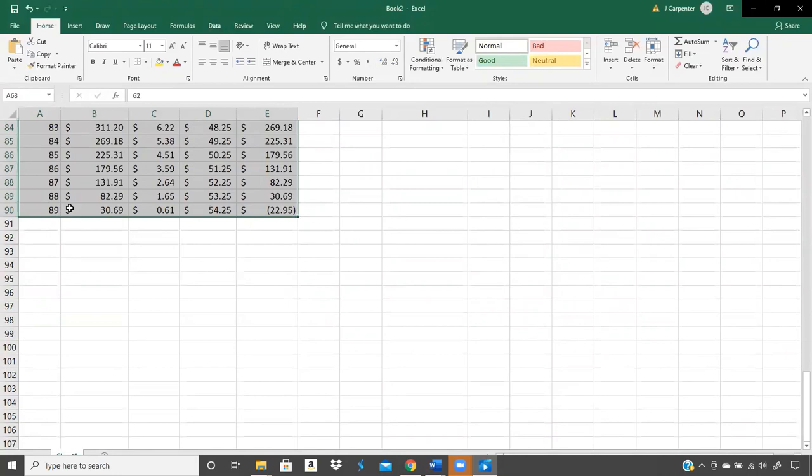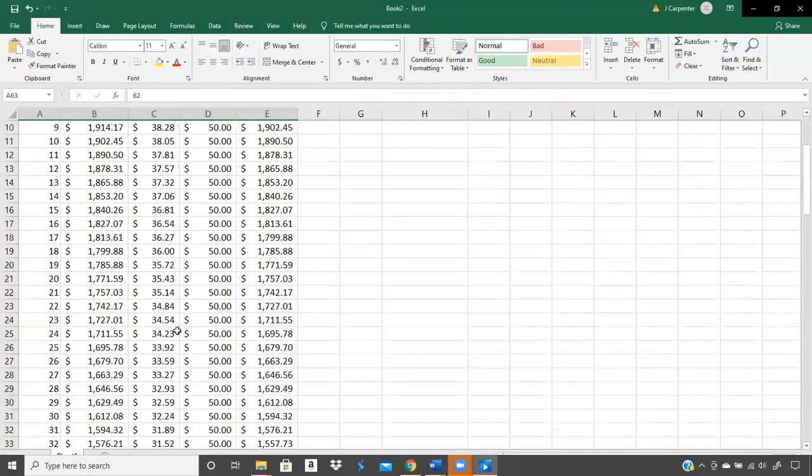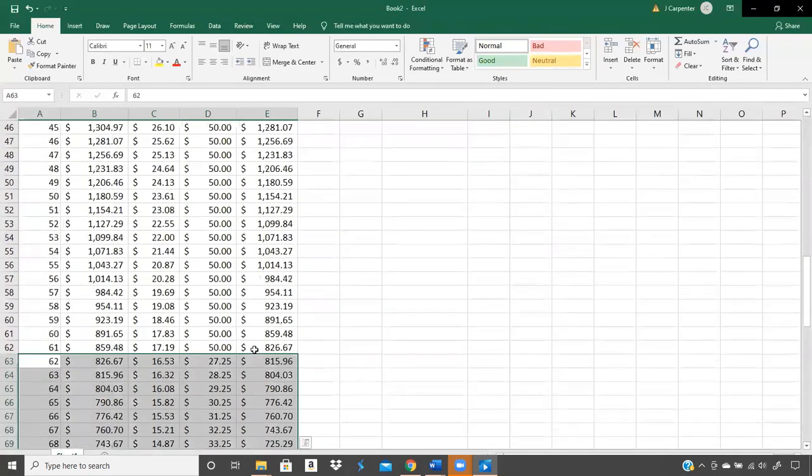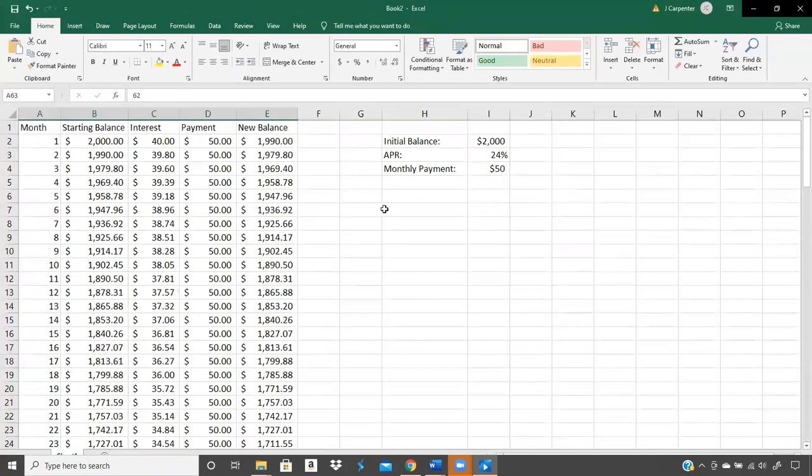It would be 7 years, 5 months. So just from having good credit to bad credit, or just from having an 18% card versus a 24% card, you've now gone from 62 months, which is 5 years and 2 months, to 89 months, which is 7 years and 5 months. So you've added 2 years and 3 months because of a bad credit rate.